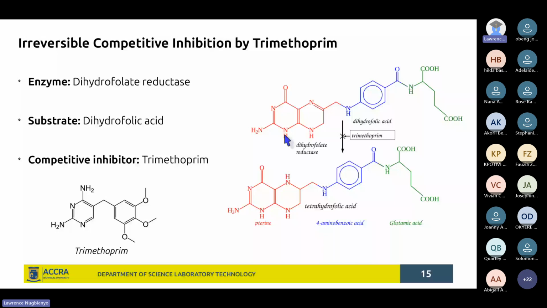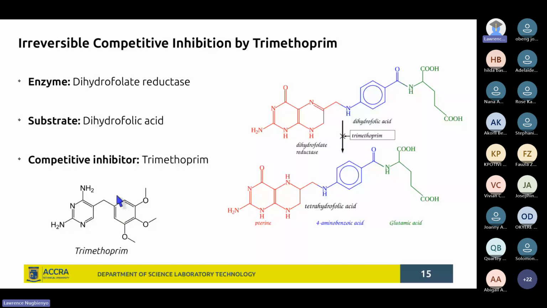That hydrogen is not in trimethoprim. In place of the amine group that you find in trimethoprim, in dihydrofolic acid you see there is a double bond, oxygen, that cyclic ketone group there. So that's different. And there is not a fused ring. There is not a second ring fused to that ring. And then you have a totally different ring altogether.